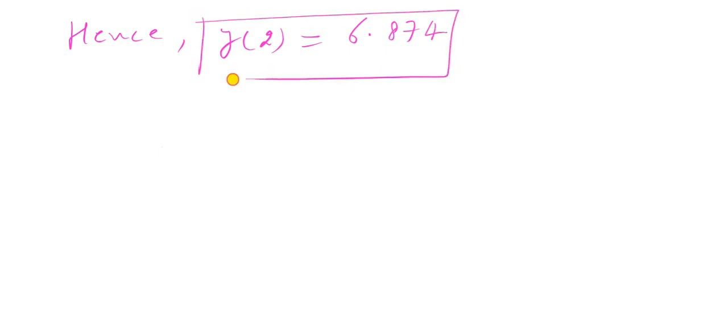Hence the value of y at x is equal to 2 is 6.874, correct to 3 decimal places.